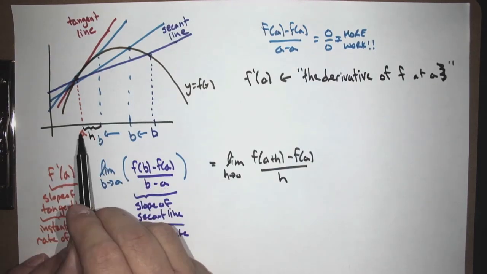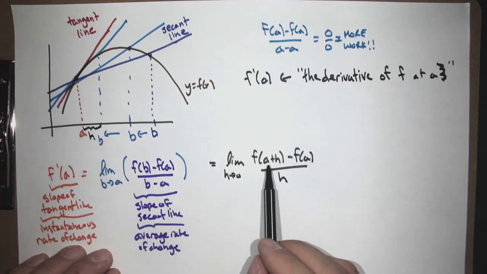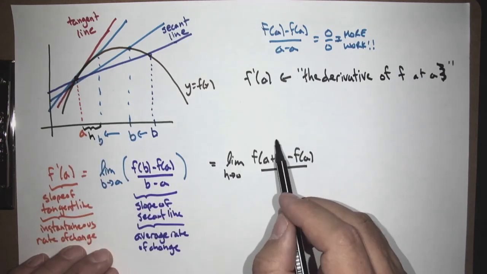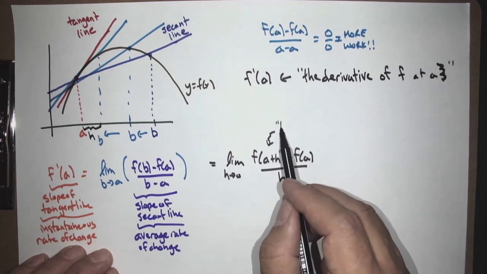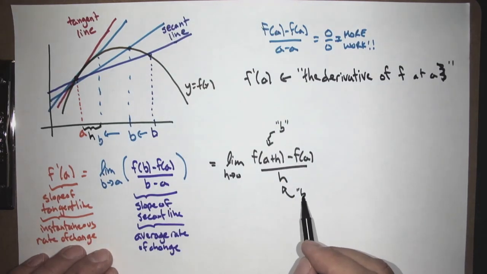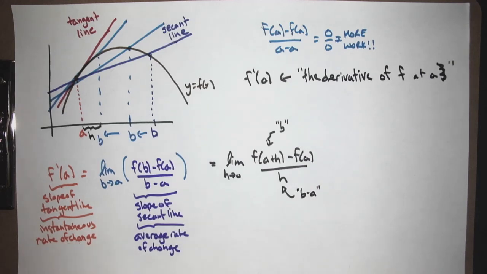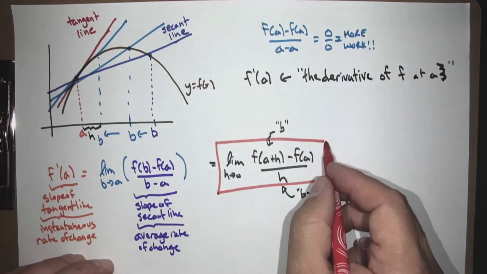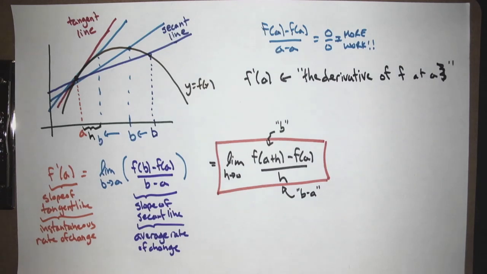So h is the distance you move away. So if I'm at A and I move h, that's your B. So this A plus h is acting like your B, and this h downstairs is acting as your B minus A. There are two formulas. Between the two of them, this will be your go-to formula probably 95% of the time.